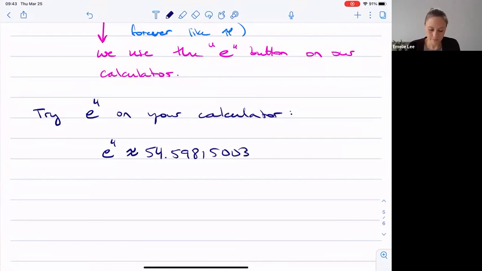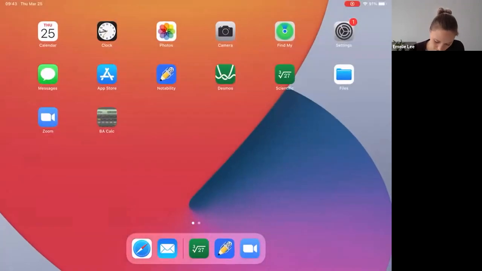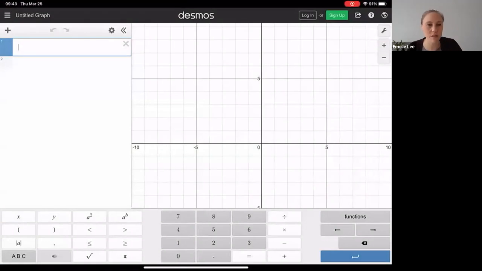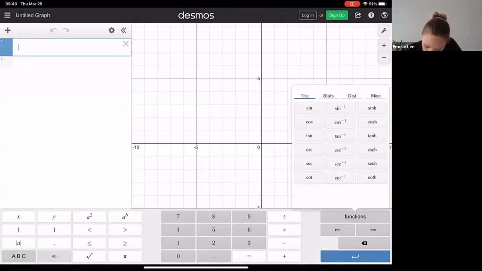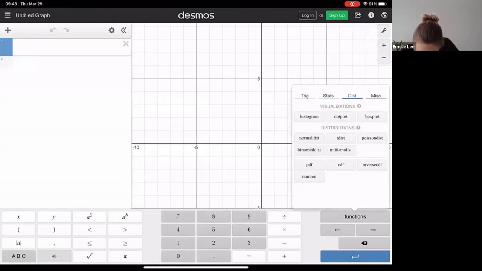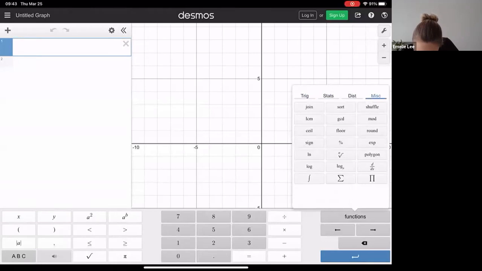In Desmos, I just want to show you the graphing calculator. Maybe that's where I'm thinking of the exp. Let's try to graph e to the power of x. So in your functions, you've got trig, stats, dist. Let's use misc, miscellaneous. Oh yeah, so here's your exp.